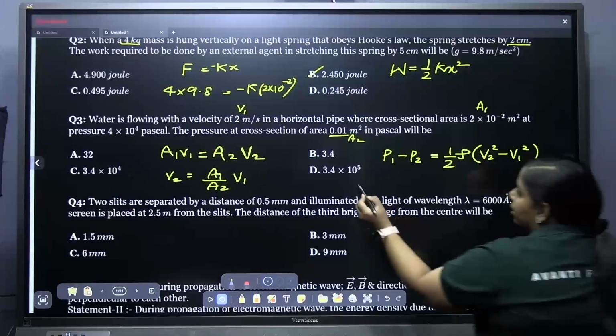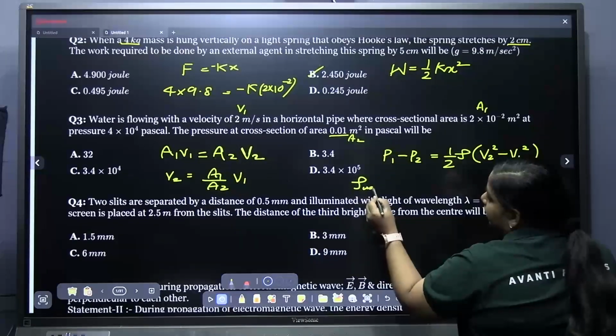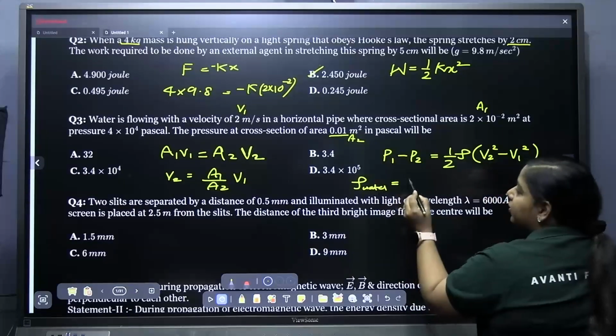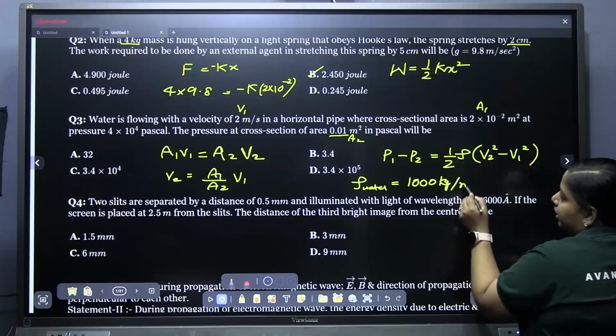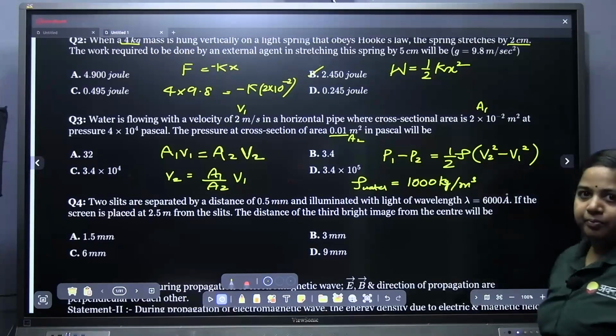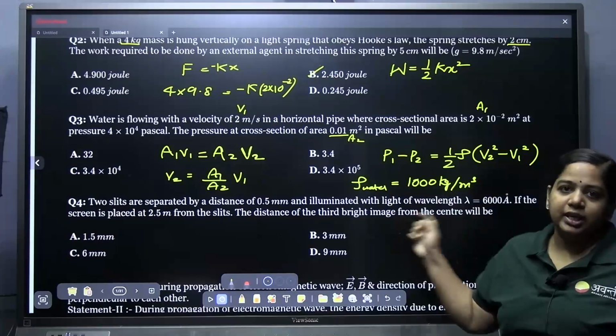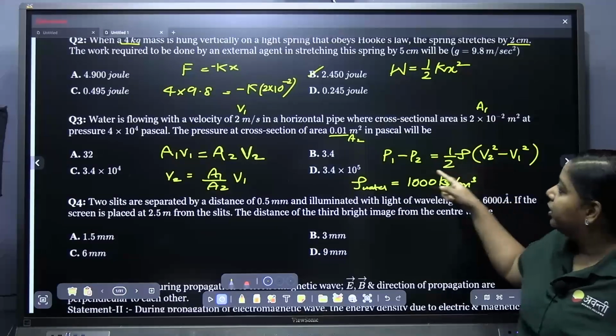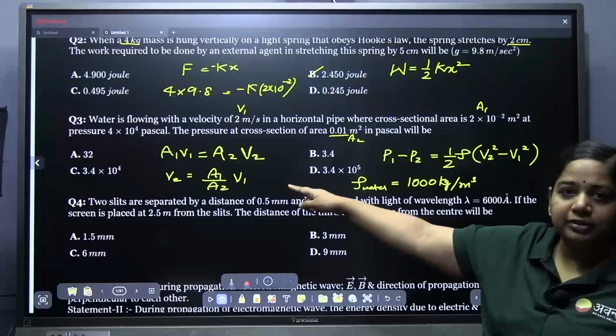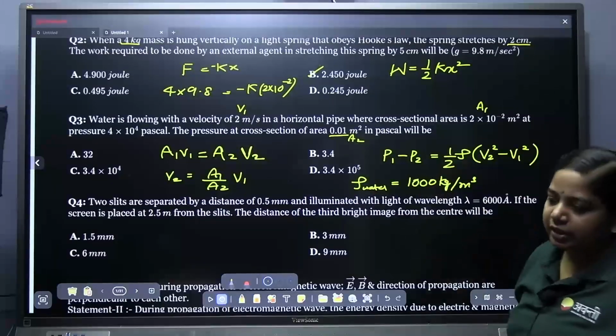So the density of water is equal to 1000 kg per meter cube. So use that value. Then pressure at one point is given, you can find pressure at another point.